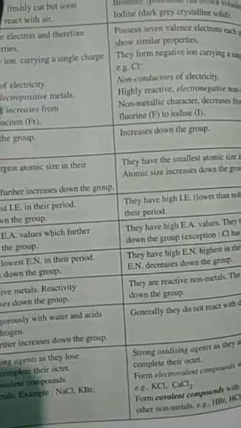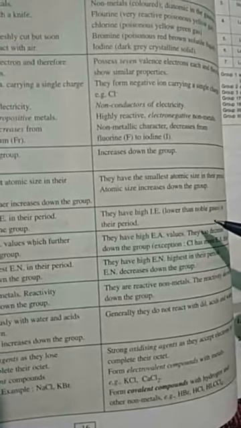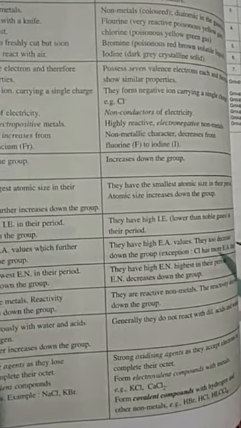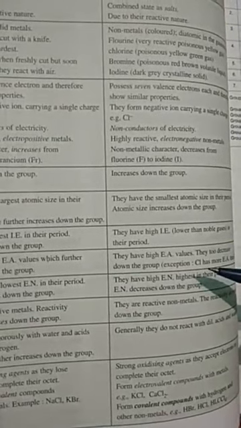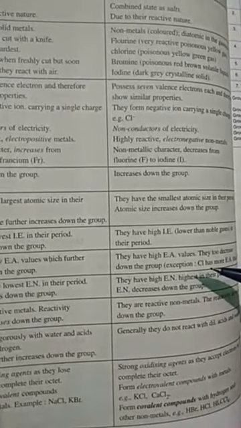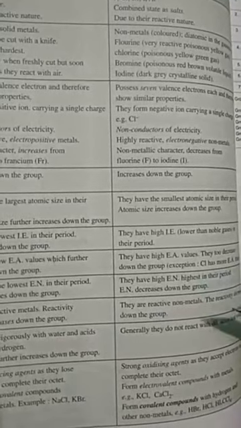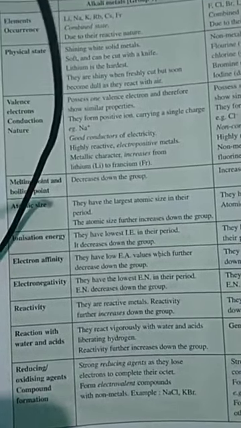But here in the case of halogens, they have large ionization potential, and this ionization potential decreases as we move downwards in a group. Electron affinity.